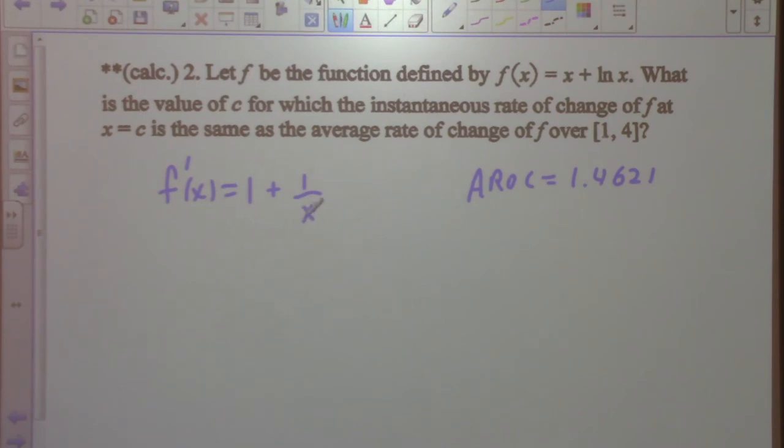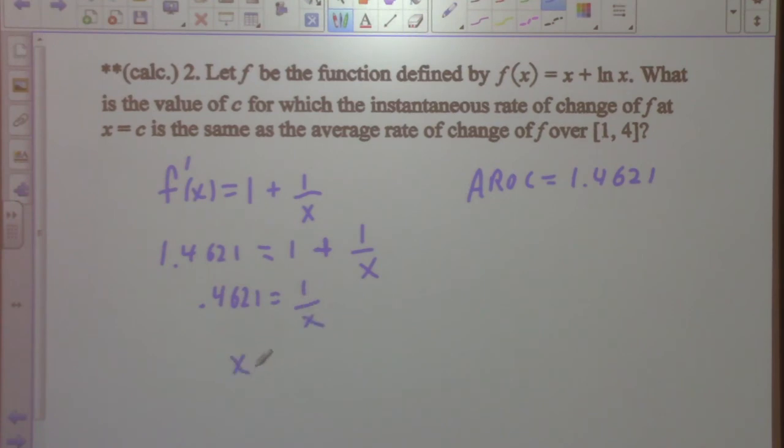So what you do is you take this and set this equal. So you take 1.4621 is equal to 1 plus 1 over x. So wouldn't x just equal the? Well, you have to subtract 1, so you get 0.4621 is equal to 1 over x.